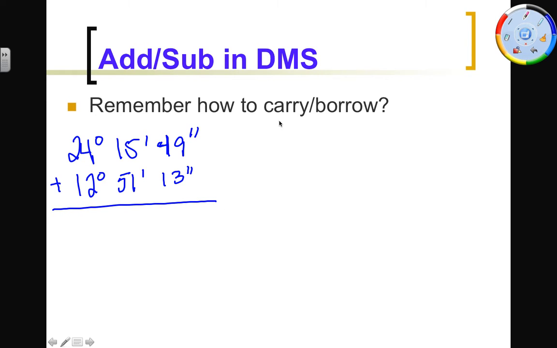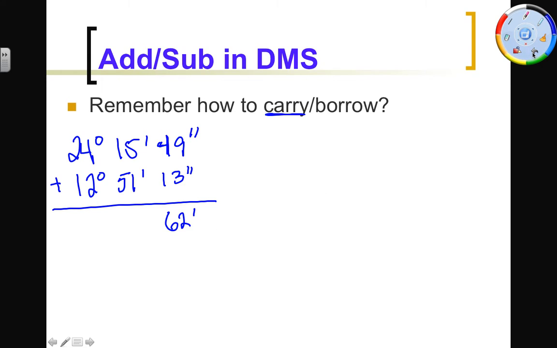Now, this is carrying because this is addition, right? The reason I want to make sure we understand carrying is because if I did 49 plus 13, I get 62. But there's the problem. There's 60 seconds in 1 minute, which means we've gone over the number of seconds and we need to start carrying.